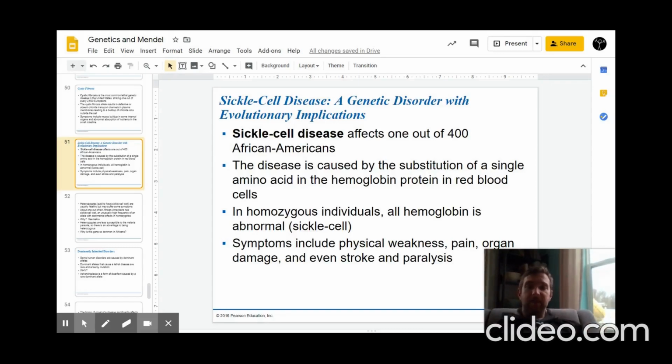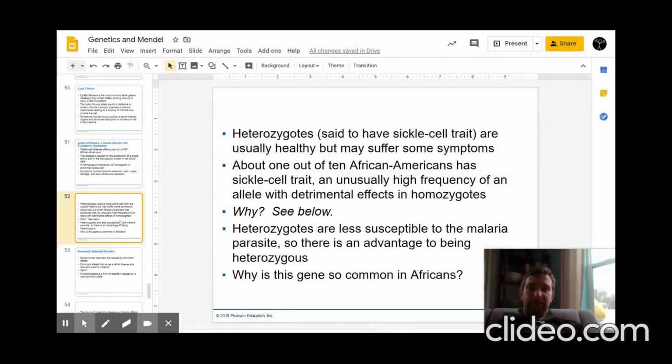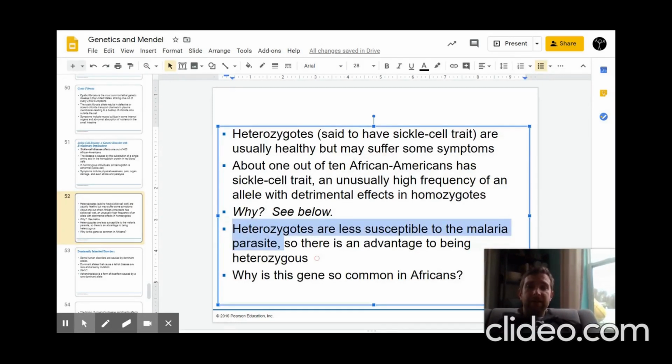Again, sickle cell anemia, death sentence, especially before modern medicine and people recognized what it was. So you can see the symptoms on here are not pleasant. However, people who are heterozygotes, they have minimal symptoms. And why is this? Well, heterozygotes in this case are less susceptible to getting malaria.